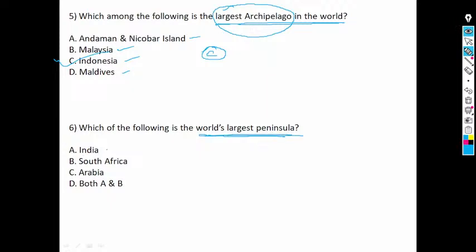India, South Africa, Arabia, and both A and B. The world's largest peninsula is the Arabian Peninsula. Okay. Next.